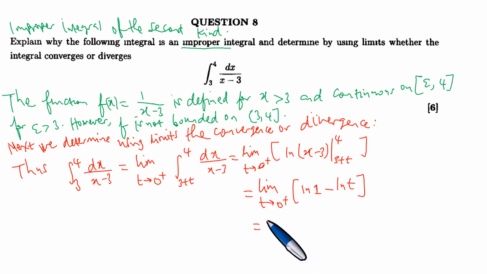As t approaches 0, it becomes the ln of 1 minus the limit as t approaches 0 from the right of the ln of t. The ln of 1 is 0, and this becomes plus infinity, because the ln of t as t approaches 0 from the right is infinity.